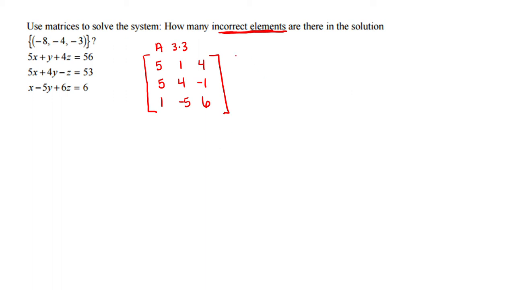We also need to write our solutions, which is going to be B, like this. And this is a 3 times 1 matrix. Okay, give me a second to change these numbers in my calculator. So I'm just arrowing down, I'm not changing, I'm just replacing the numbers.